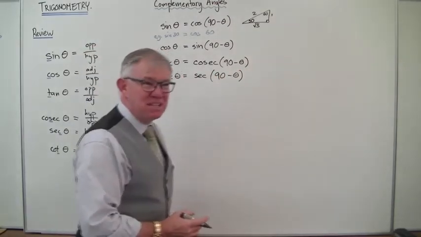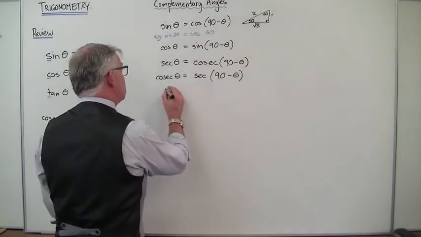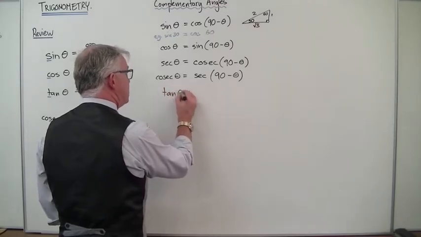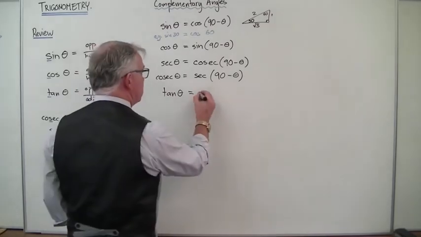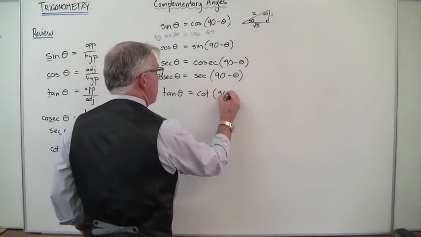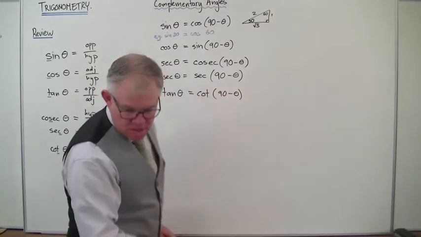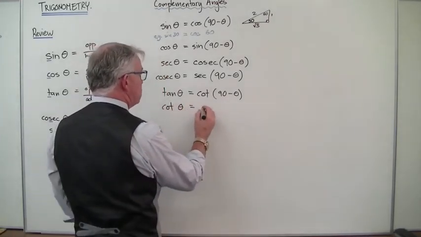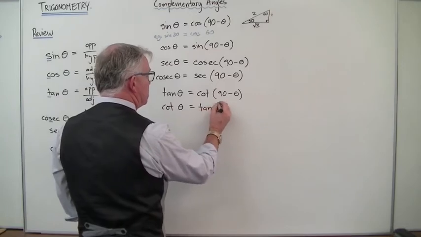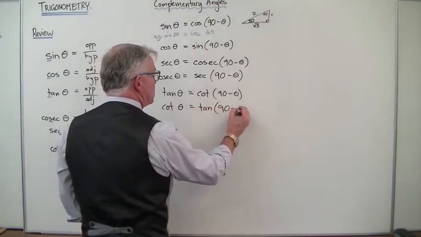Now here's where it's a little bit different. The tangent, tan, of theta is equal to the cotangent, cot, of 90 minus theta. And cot of theta is equal to tangent of 90 minus theta.